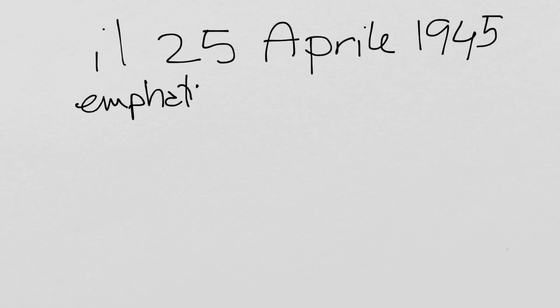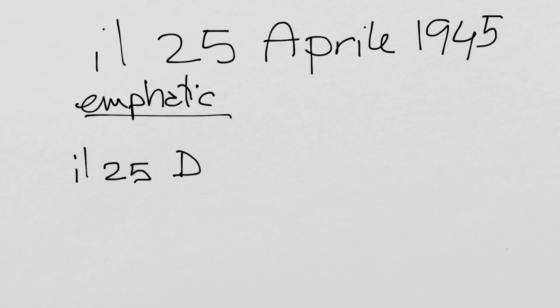Well, we can talk about il 25 aprile, and you know that the article in front of a date is il, or l'apostrophe with 8 and 11. Now let's put a little bit of emphasis on this date, and we can say it is il 25 di aprile, of April.